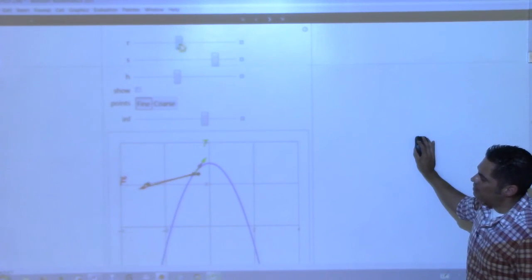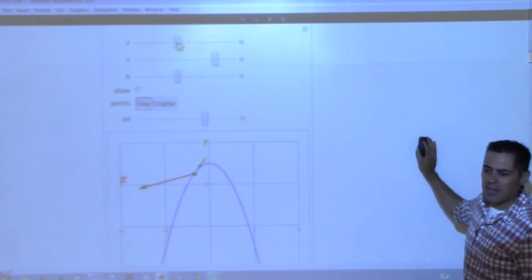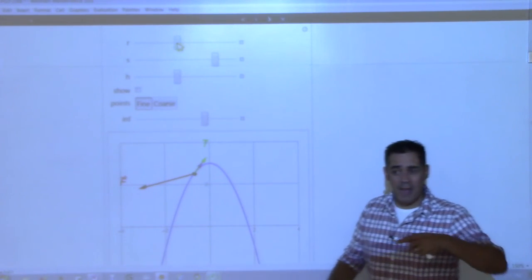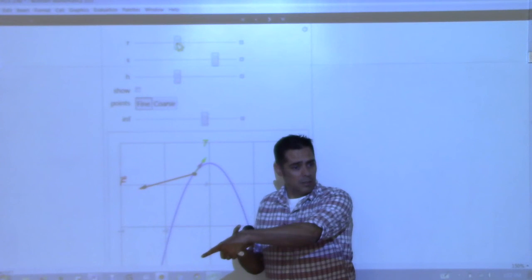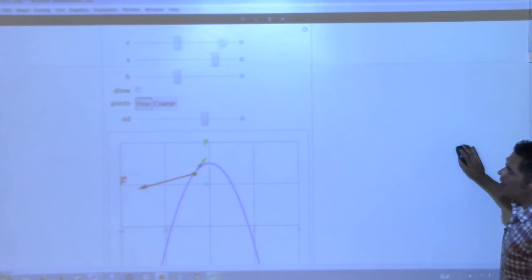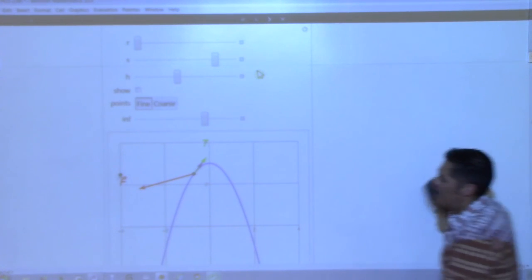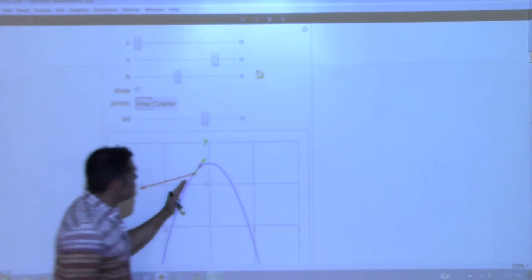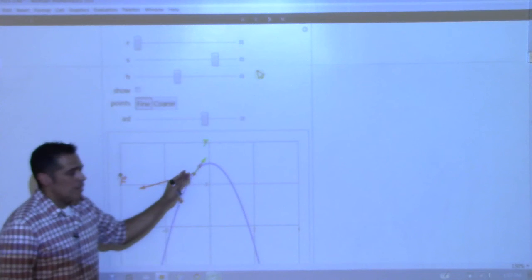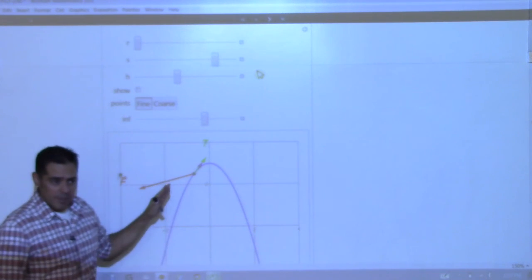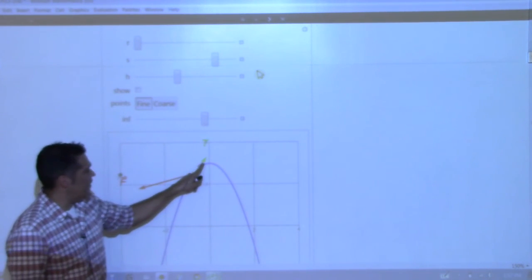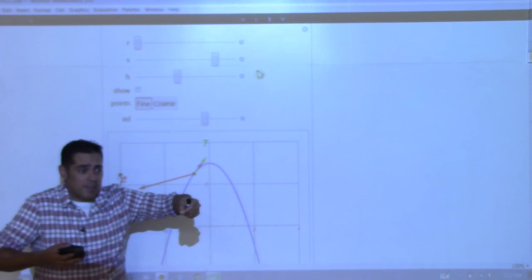See what I'm saying? That red vector is the representation of the vector out of the vector field. As we're moving, we have a displacement, so that's our displacement vector.